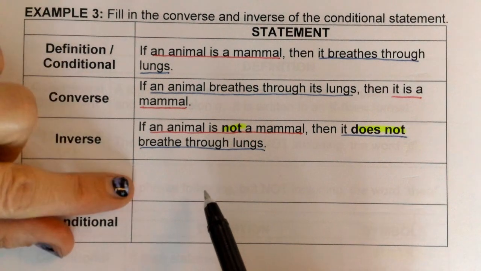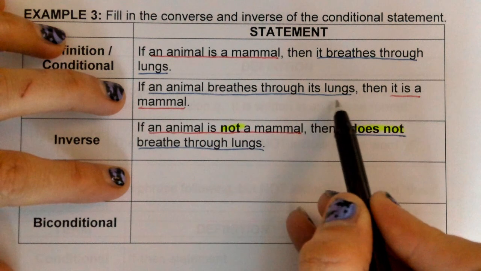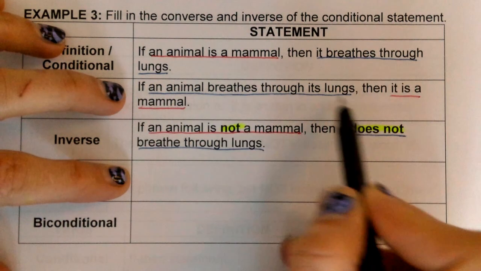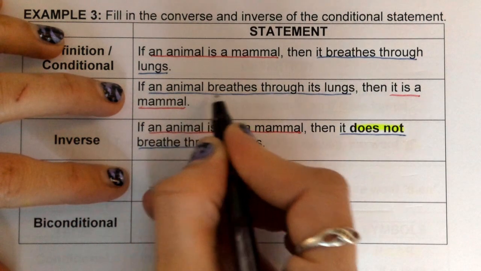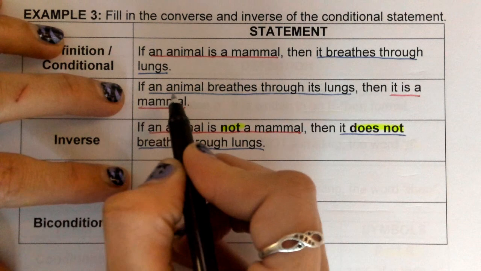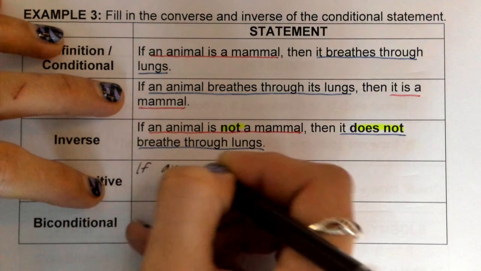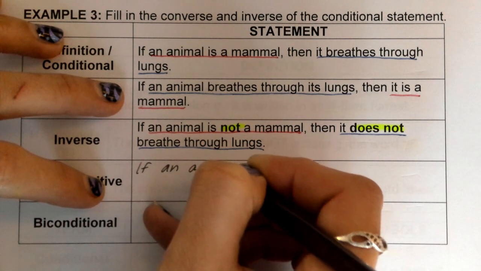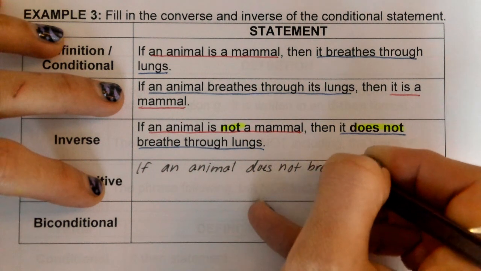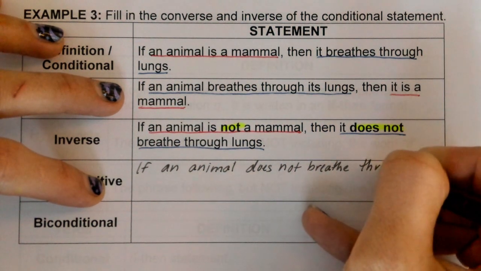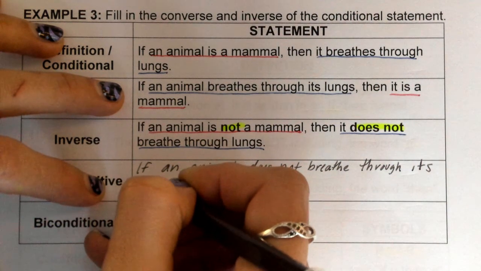Contrapositive, again, new practice. We're going to come up here to our converse. We're going to take if an animal breathes through its lungs, then it is a mammal. And we're going to say the opposite of both the hypothesis and the conclusion. So here, instead of if an animal breathes through its lungs, we'd say if an animal does not breathe through its lungs, comma.